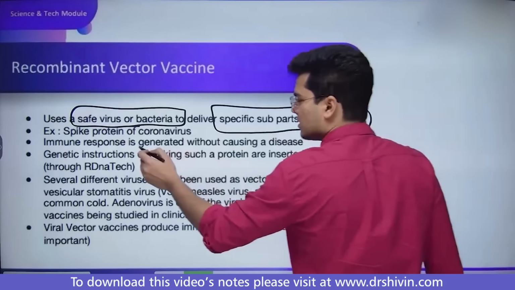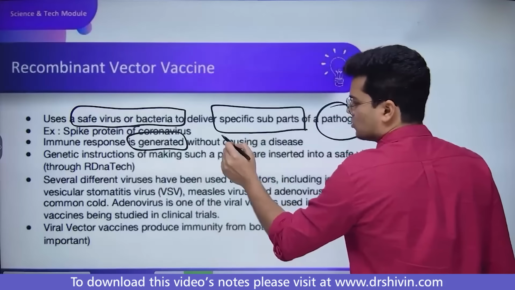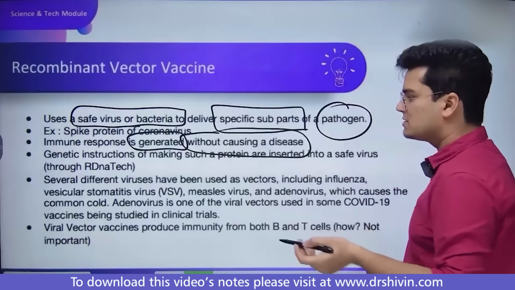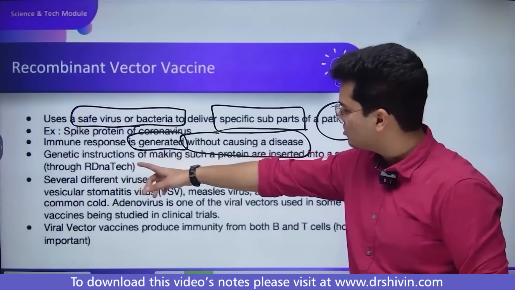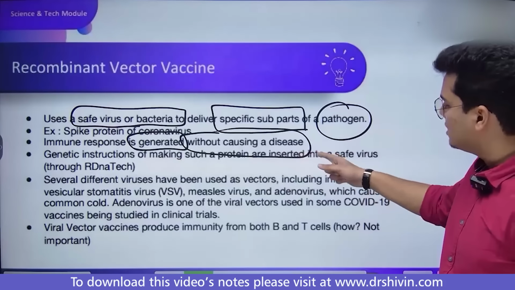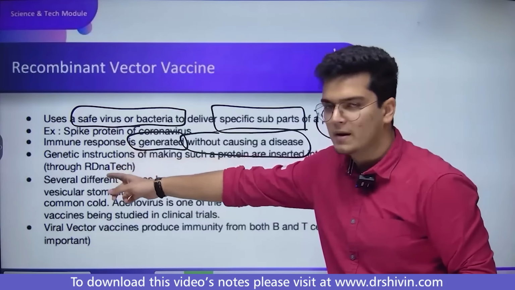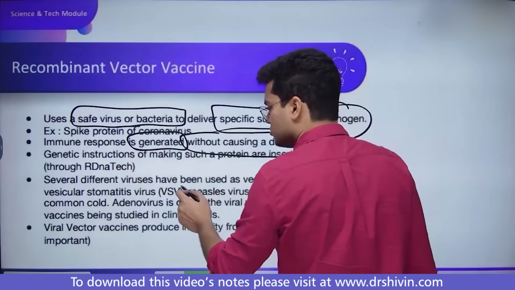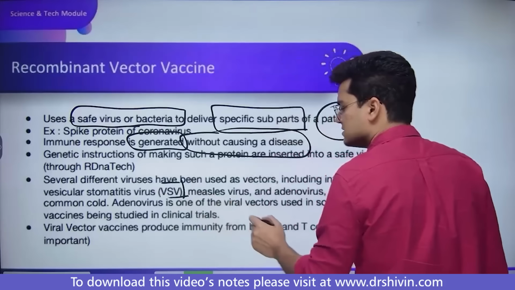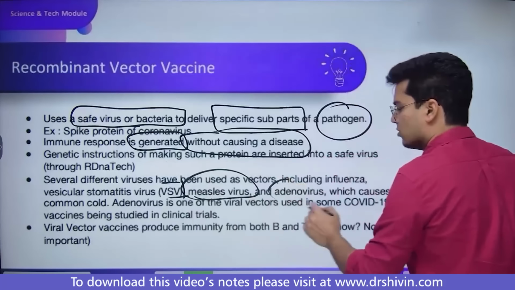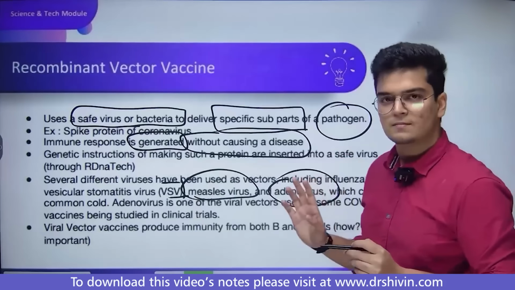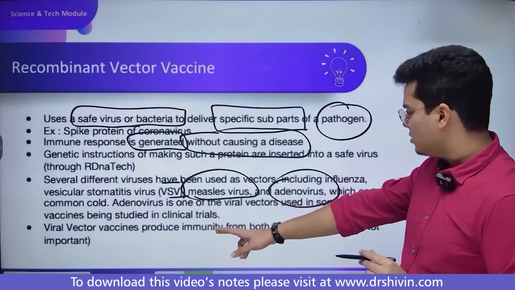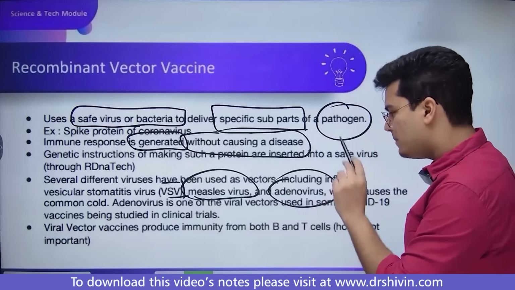Immune response is generated without causing a disease. Of course, the genetic instructions for making such a protein are inserted into the safe virus through recombinant DNA technology. Clear? What are the viruses that we can use? Vesicular stomatitis virus, measles virus, adenovirus. These are commonly used. Viral vectors produce immunity from both B cells and T cells.